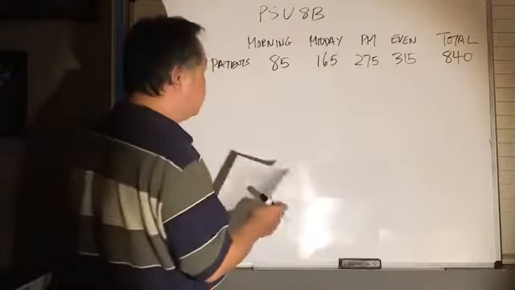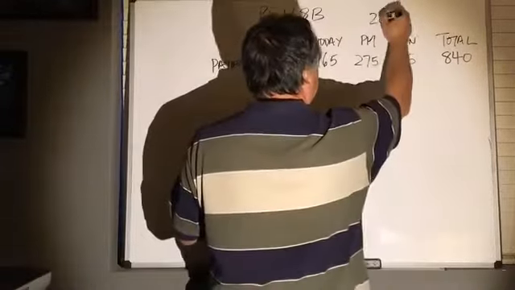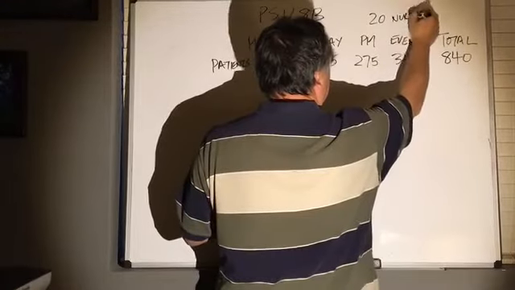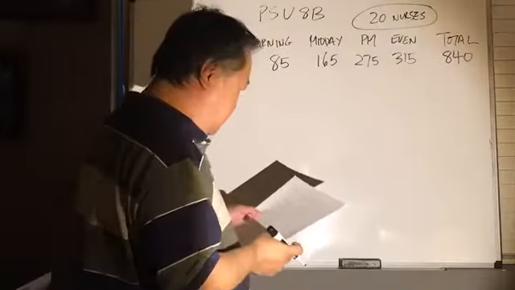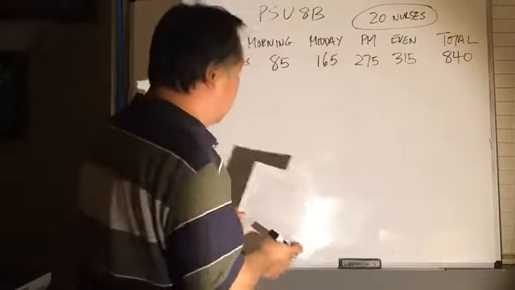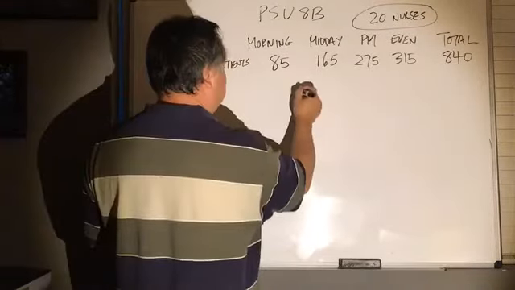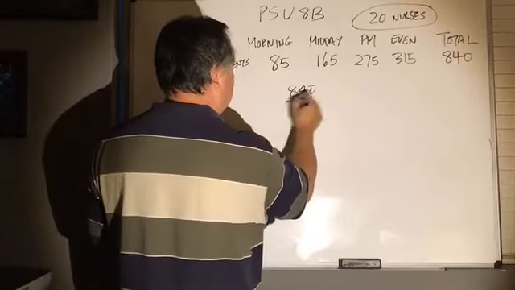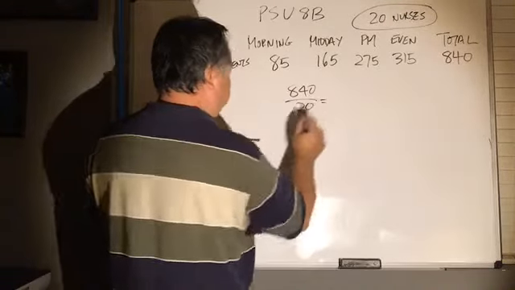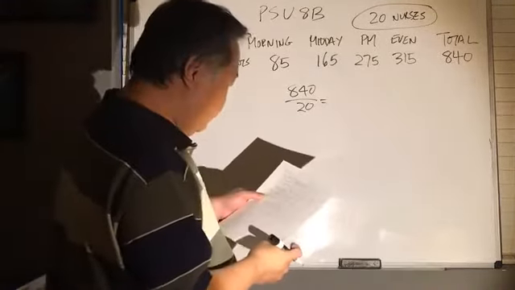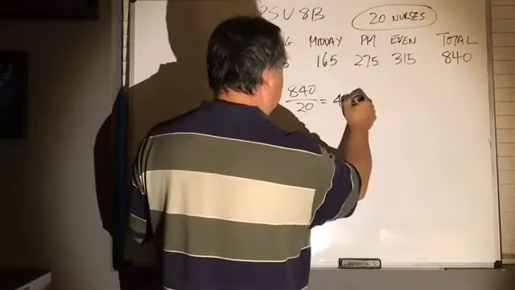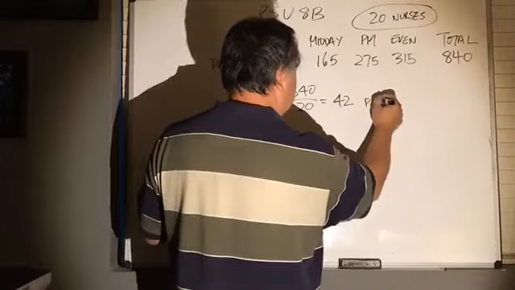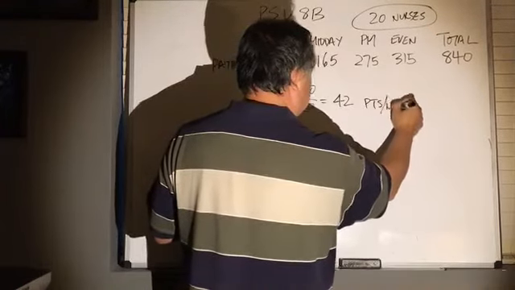We have 20 nurses. So how many per nurse? We have 840. Divide by 20. That would be 42, I believe. So 42 patients per nurse.